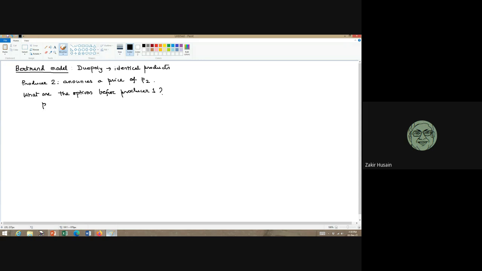He can set a price which is higher than P2, right? What will happen in that case? Consumers will go to producer number 2. So no one will buy from him.